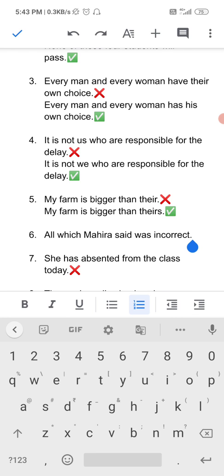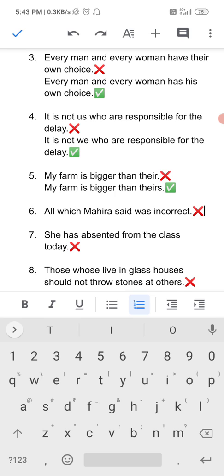Okay, question number 6. "All which Mahira said was incorrect." Here we have used a pronoun all in our sentence, and the rule says that all takes the relative pronoun that, not which.